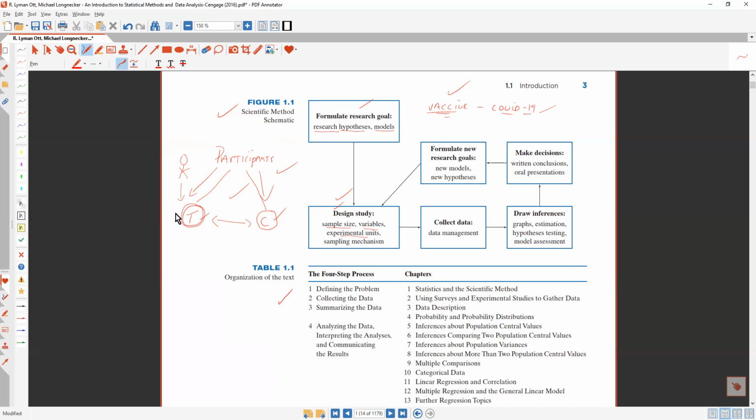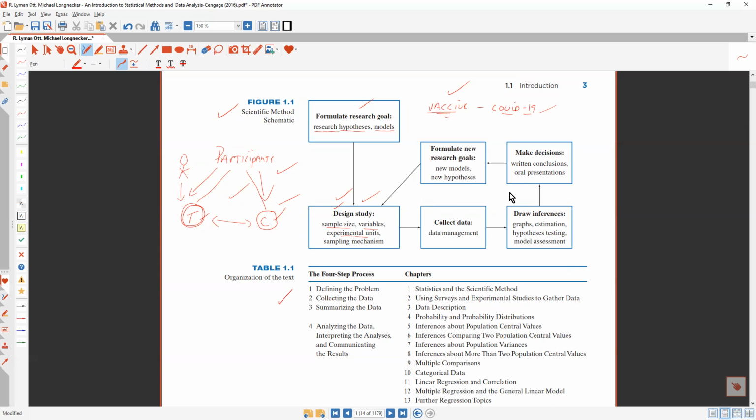You can't conclude based on that alone that the vaccine's working, because maybe the person wouldn't have gotten COVID-19 anyway. That's what the control group is for. You don't know if the vaccine is working unless you have this type of setup. So you want to design a good study whenever you do statistics, whenever you do science. It's got to be a solid, rigorous study.